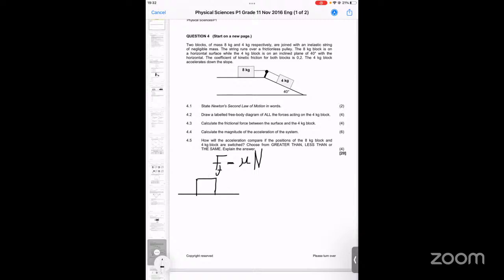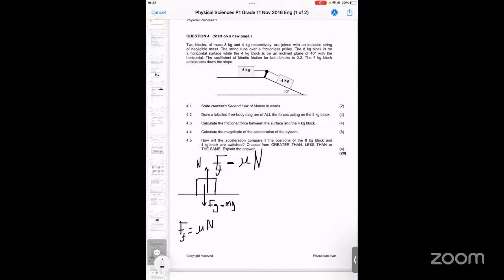So in this case, if we had to draw a labeled free body diagram, we were going to have FG, and then the normal force, we just have that going down. Remember this one, mg, that FG is equal to mg. So for this type, we will therefore know that the frictional force is equal to mu times the normal force.